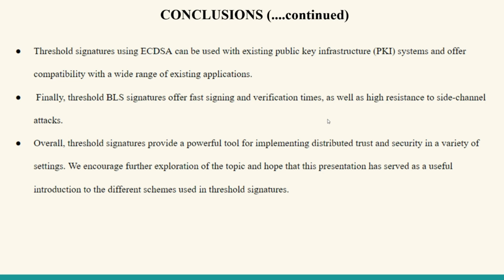Finally, threshold BLS signatures offer fast signing and verification times, as well as high resistance to side channel attacks. Overall, threshold signatures provide a powerful tool for implementing distributed trust and security in a variety of settings. We encourage further exploration of the topic and hope that this presentation has served as a useful introduction to the different schemes used in threshold signatures.